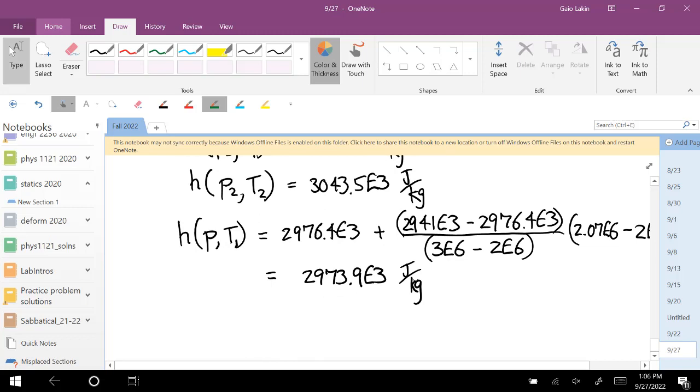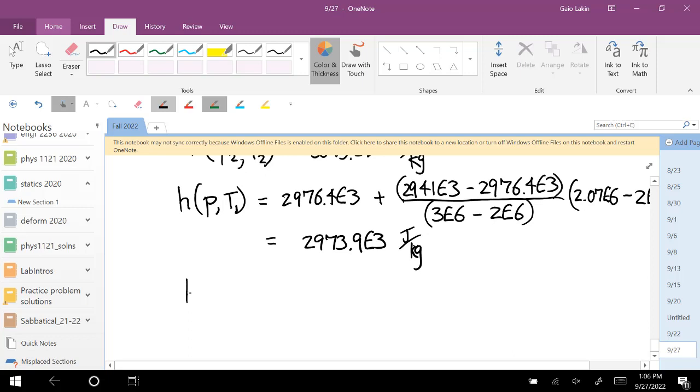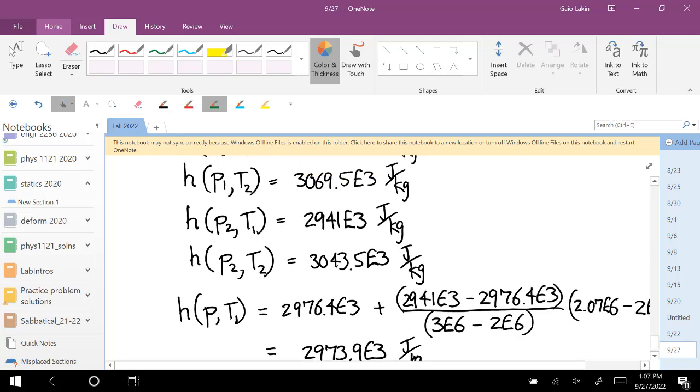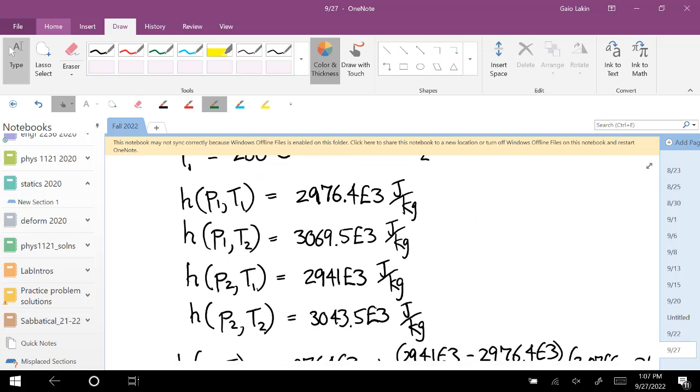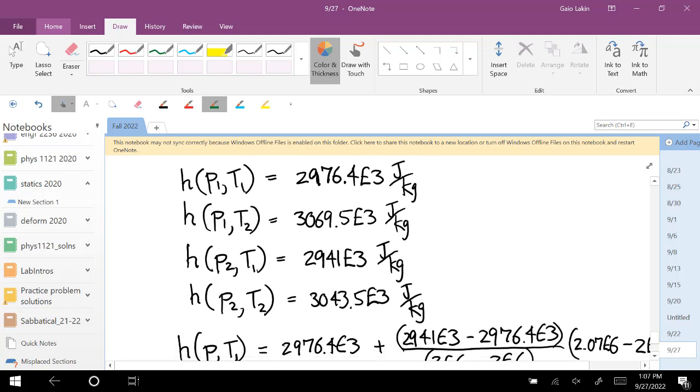Now do the same thing at temperature 2 for our desired pressure. So H for P and T2, I'm going to use the H we looked up at P1 and T2 and the H we looked up at P2 and T2.